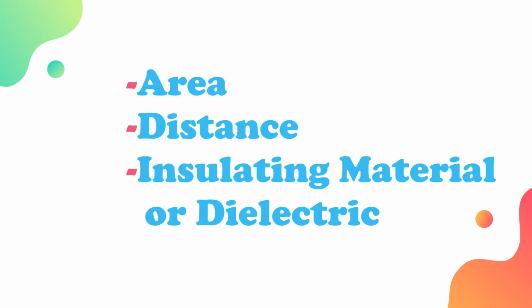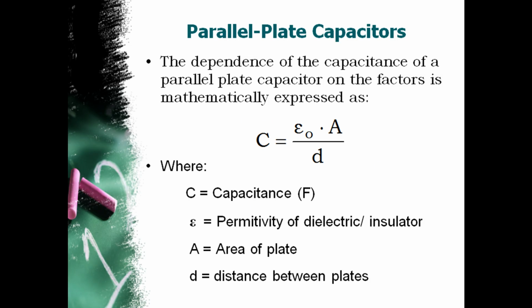Now these are the factors that can affect the capacitance of a parallel plate capacitor. The dependence of the capacitance of a parallel plate capacitor on the factors stated a while ago is mathematically expressed as this.